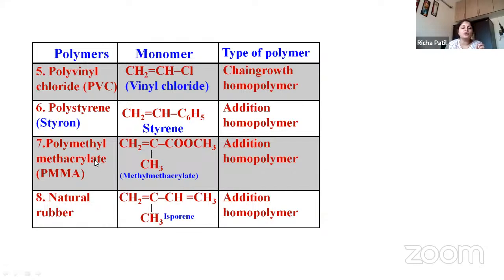On vulcanization, sulfur forms cross-links at the reactive sites of the double bonds in the polymer. Because of this, the rubber gets stiffened and hard. So this is about vulcanization of rubber.